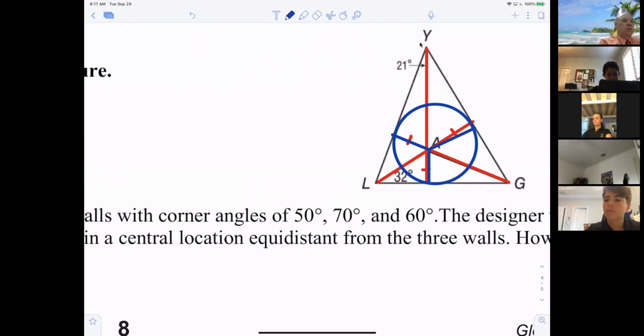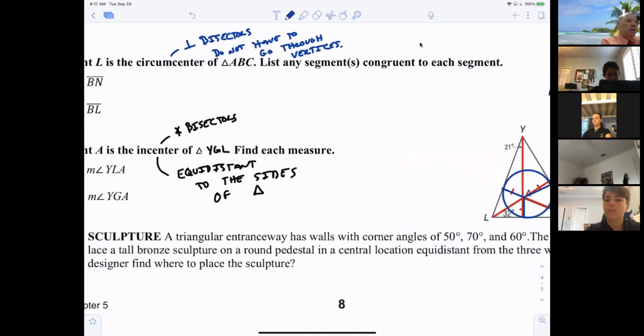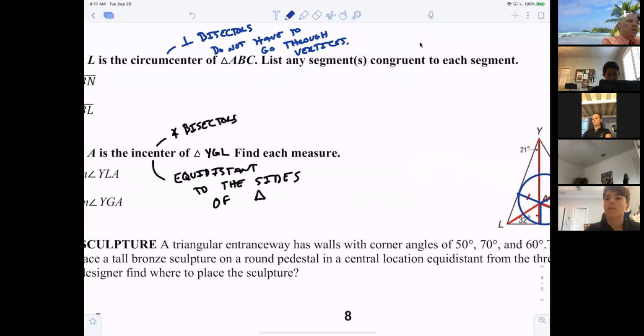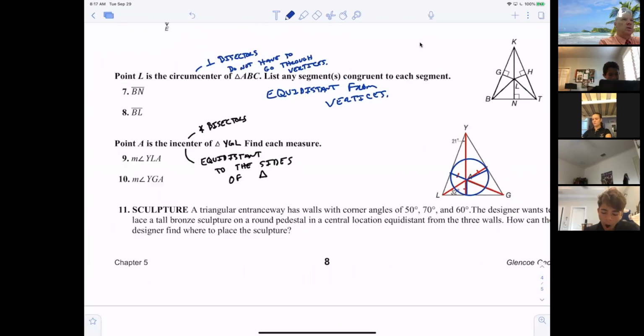All right? So again, the circumcenter means that it's equidistant from what? Equidistant from the vertices. Whereas the incenter is equidistant from the sides of the triangle.